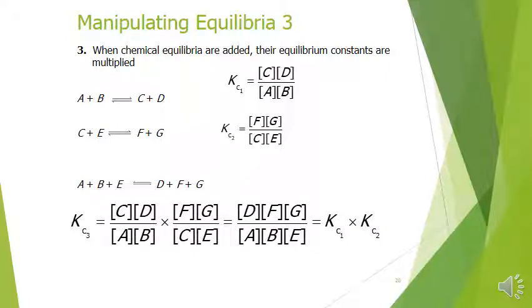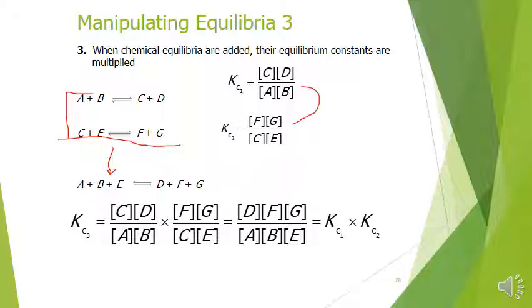And here's just another example. Here we have 2 chemical reactions, and we put the 2 chemical reactions together. If you add these 2 together, you'll get this one right here. When you add the 2 reactions, you multiply the equilibrium expressions.